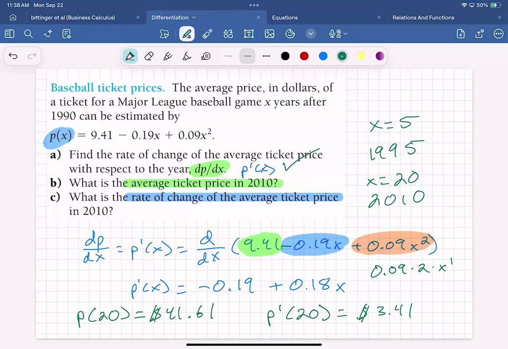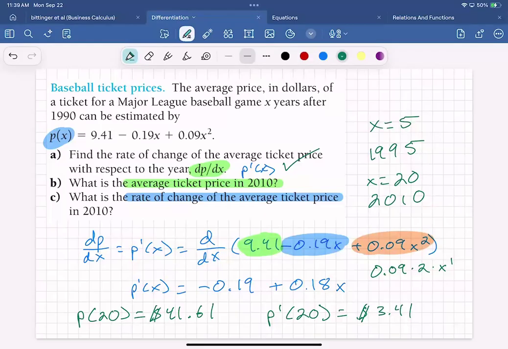So what were the average ticket prices doing in 2010? Were they increasing or decreasing? Increasing, right? Does everyone see it? Because we had a positive number. Now, was it a lot? Not necessarily. It was a little less than 10% of the average price that it's increasing by.